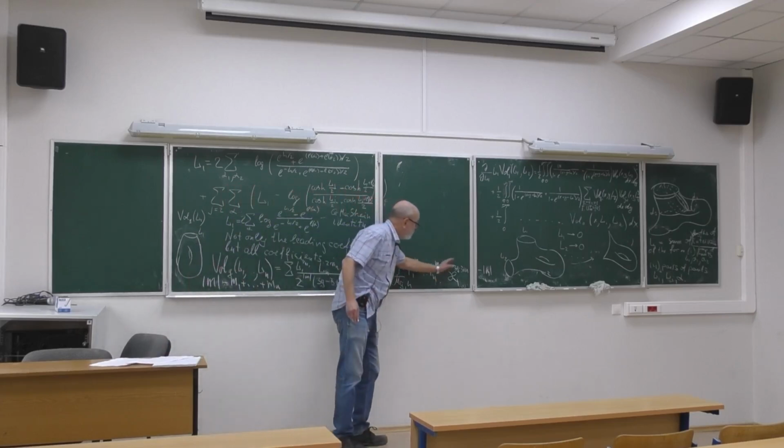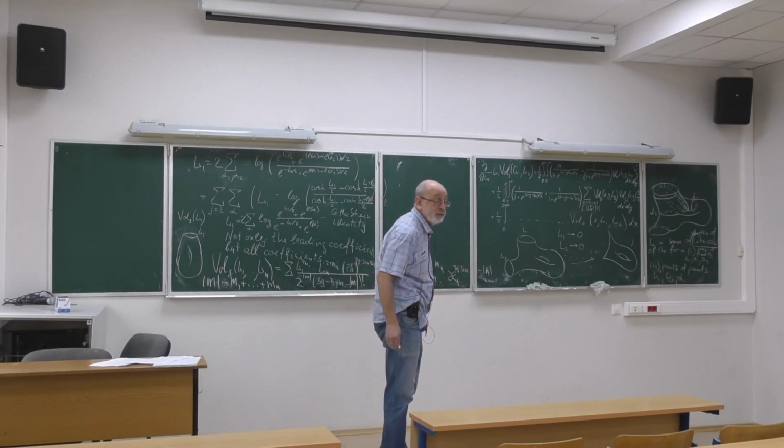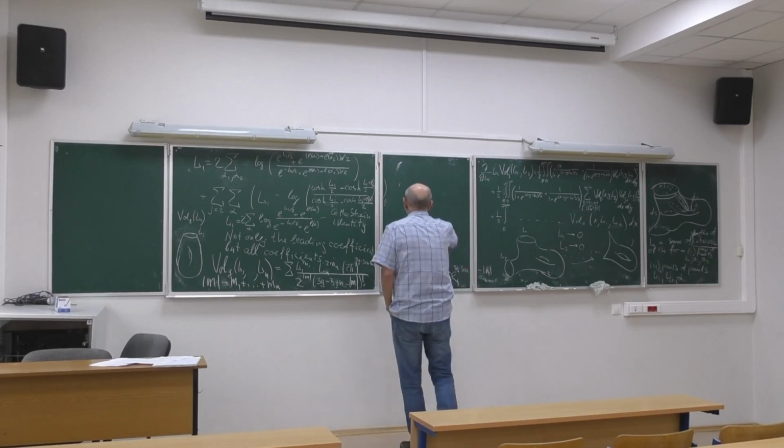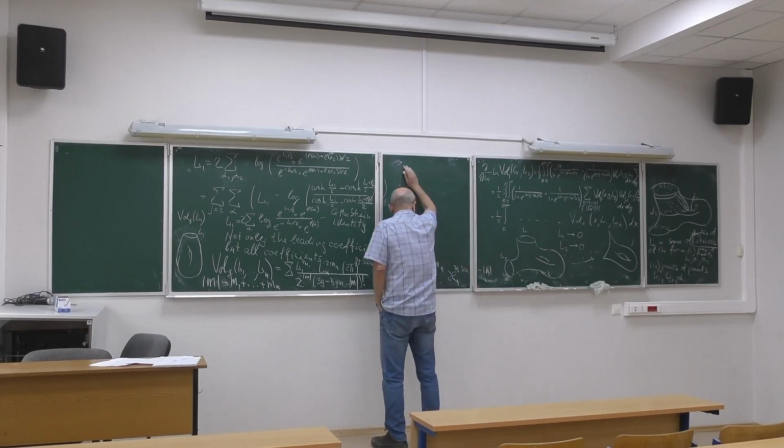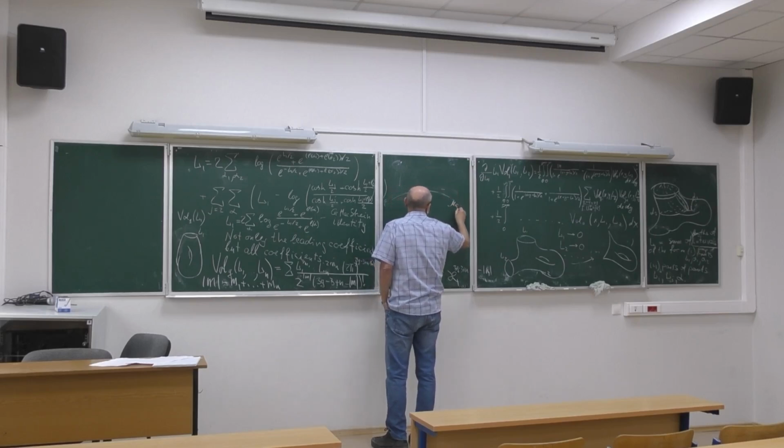And I need to tell you what this kappa 1 is, which absolutely did not appear in the previous account. Let me return to my picture of M_g,n bar, and we have the fiber.